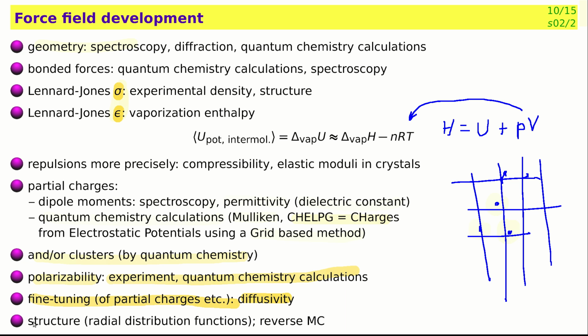And last but not least, we observe the structure. The radial distribution functions describe the structure of liquid, and there are even methods to get the force field directly from this structure description.